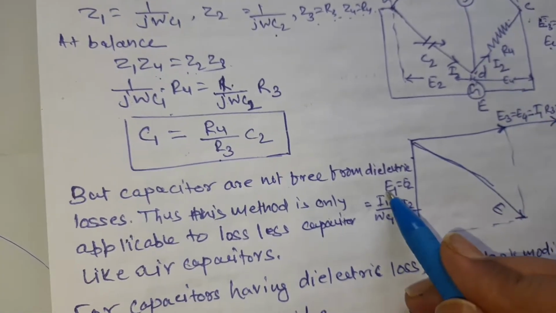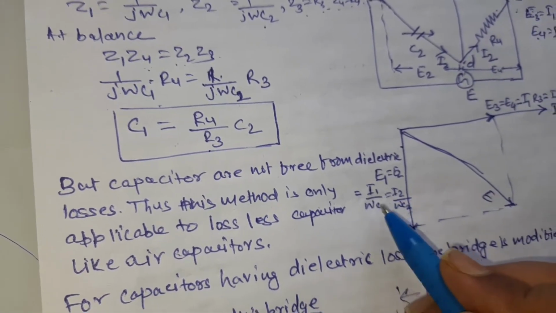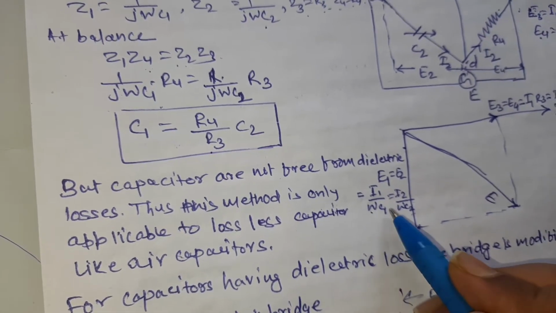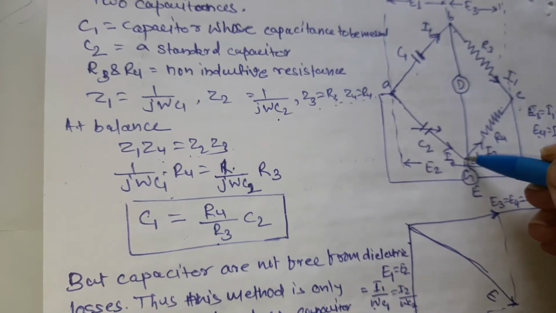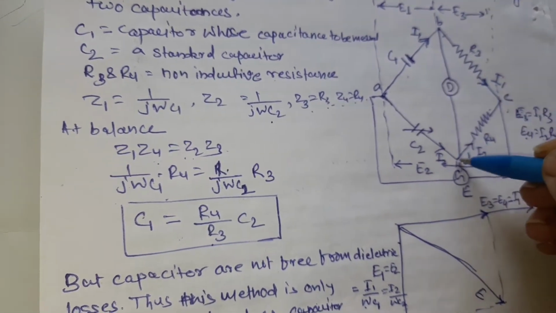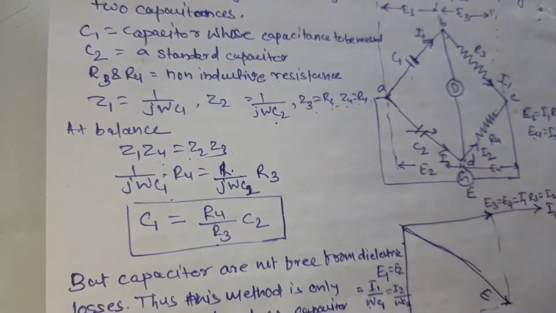So E1 is equal to I1 by j omega C1, and at balance condition, E1 is equal to E2 for no current flowing through the galvanometer.